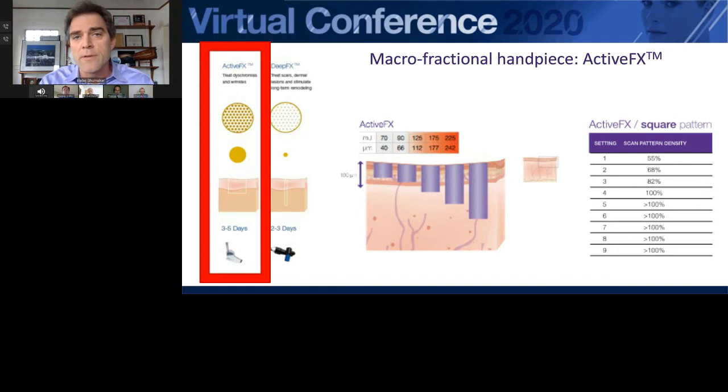Scars are largely devoid of adnexa, so we don't have that advantage. You don't want to denude large areas of skin because we're healing from the periphery of that wound, so I will not often use Active FX in a standard pattern like that.